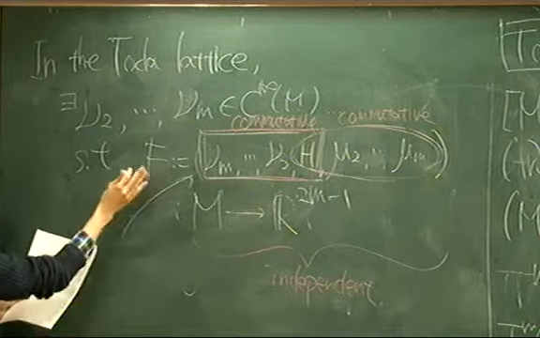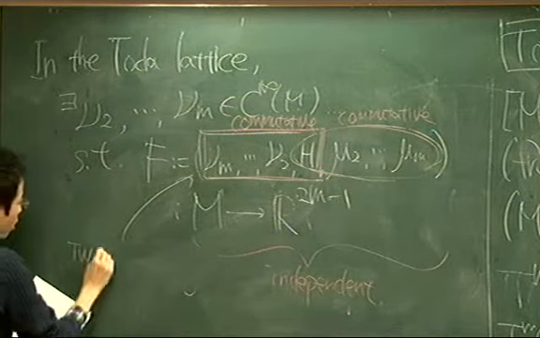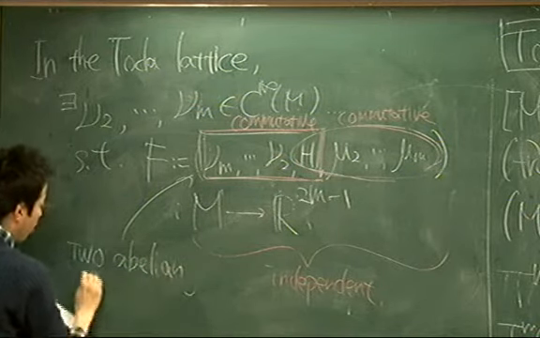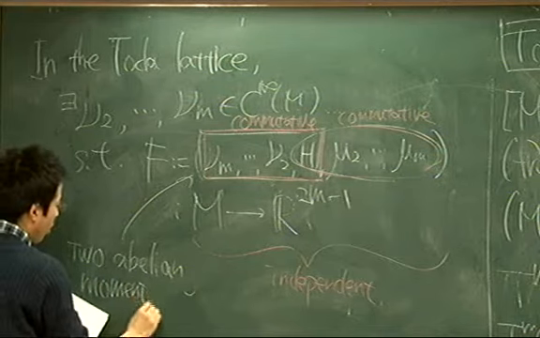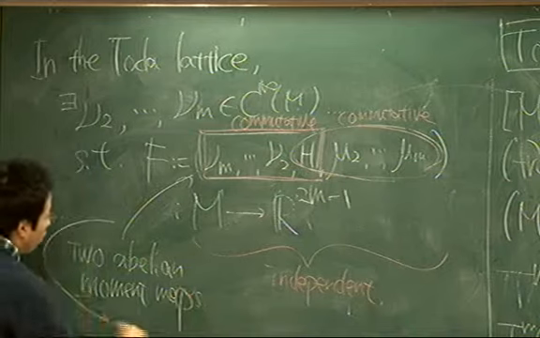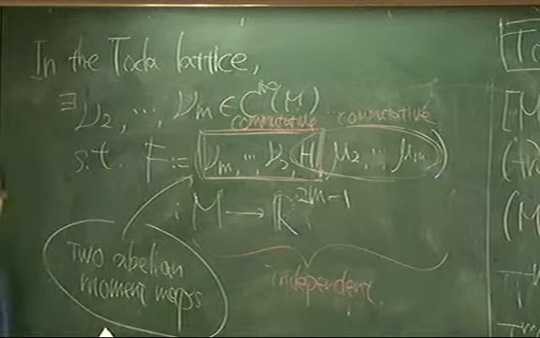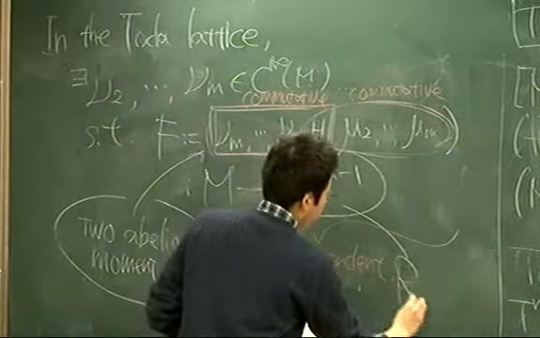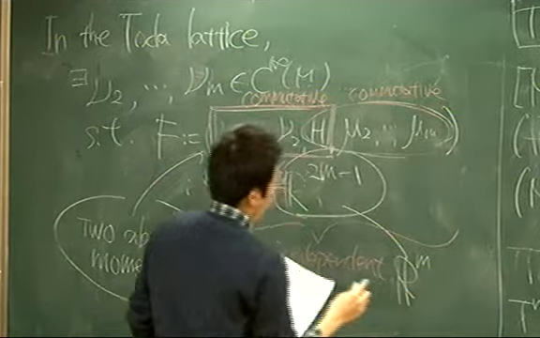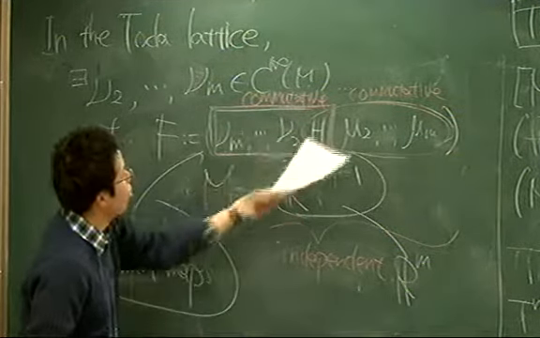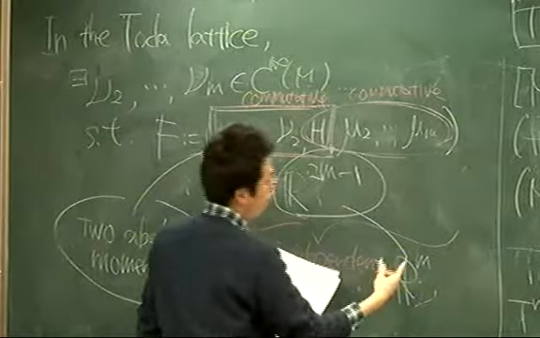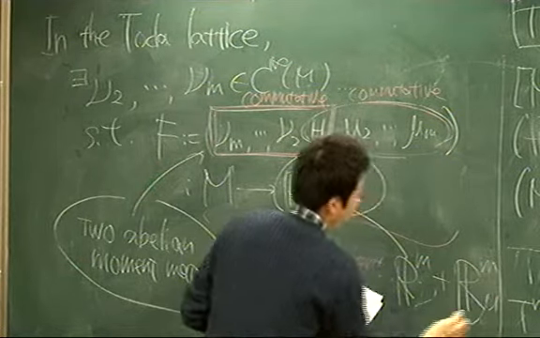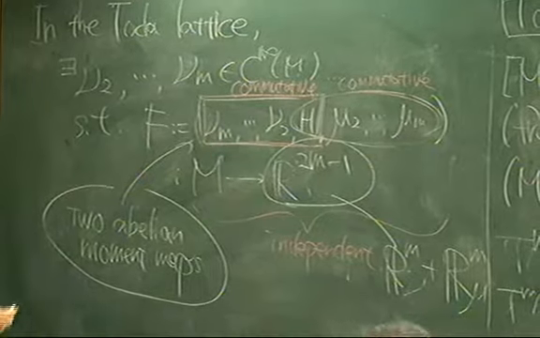So this full map can be understood as composed of two abelian moment maps, and the image can be understood as the target space of this moment map, R^m for nu, plus the target space of the first original moment map.